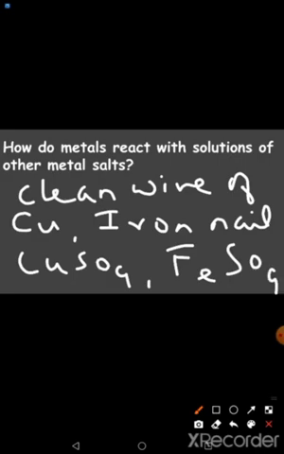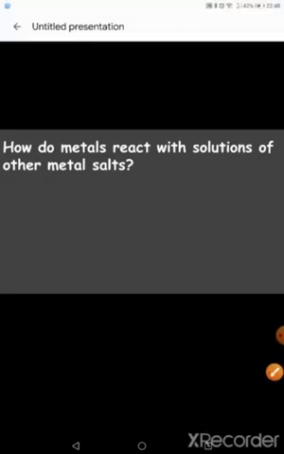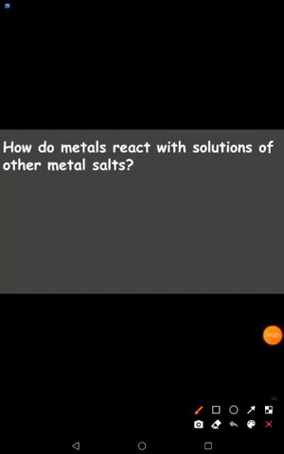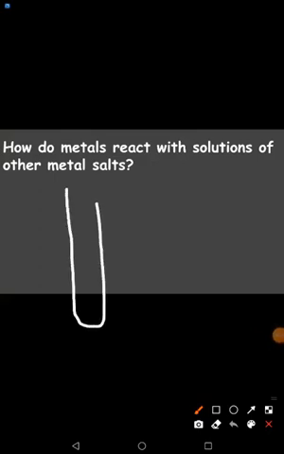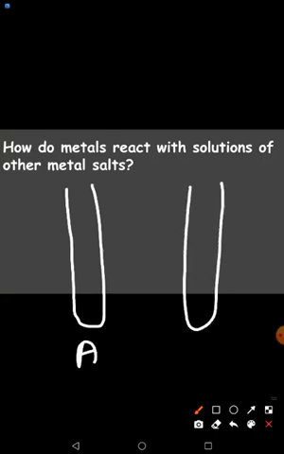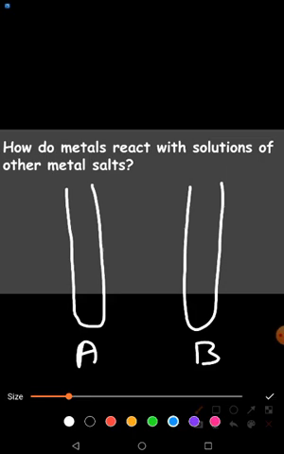Now you have to take 2 test tubes. Name it test tube A, and this is test tube B. In test tube A you have to take copper sulfate solution.